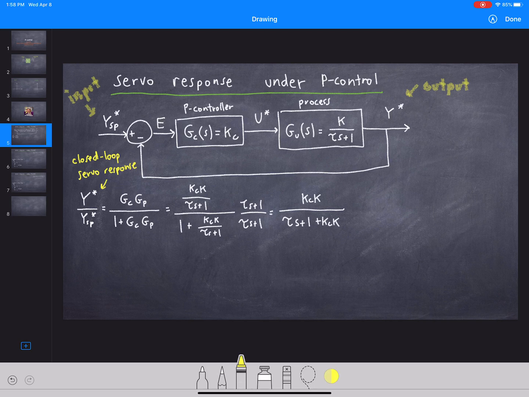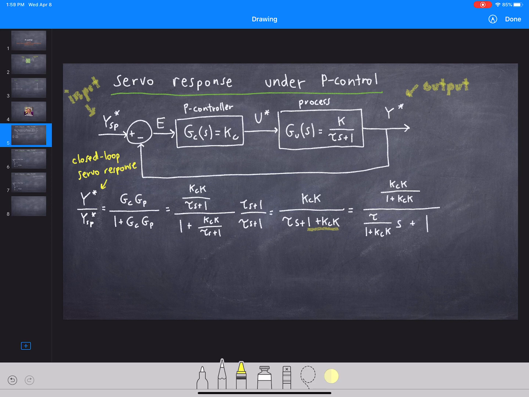And we'd like to get this in standard gain time constant form. So we want to make that a 1, right? So we can again multiply by 1 in a fancy way. And we can write this in standard gain time constant form as KC K over 1 plus KC K over tau over 1 plus KC K s plus 1.